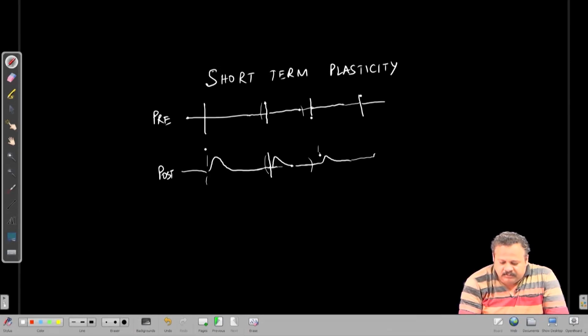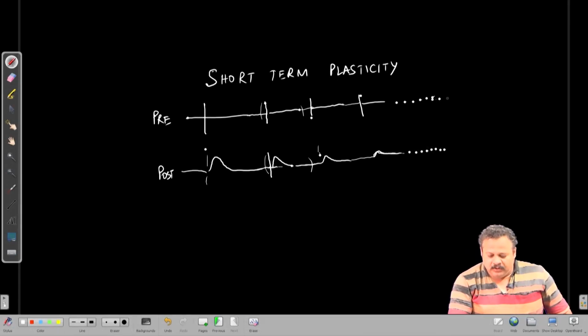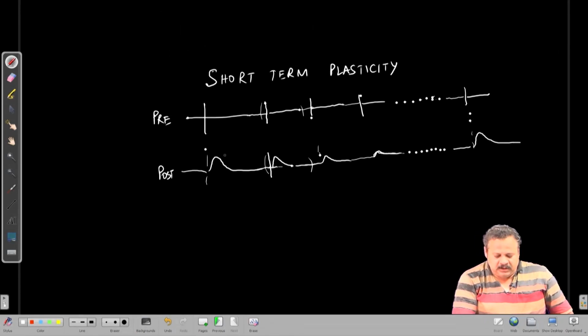the synaptic strength may reduce even further, but after a delay of undisturbed period, we do the measurement again with a presynaptic spike. We measure the postsynaptic potential and we get back our original strength.